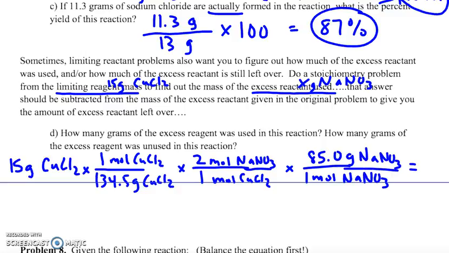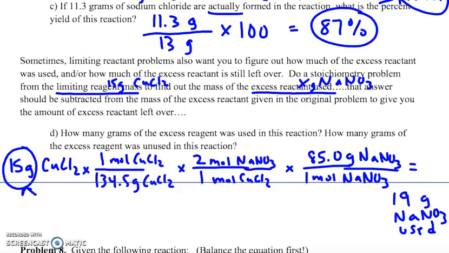And this is going to tell us that if we use up all 15 grams of copper chloride, we will need 19 grams of NaNO3. So that's how much will be used along with the 15 grams of the copper chloride.